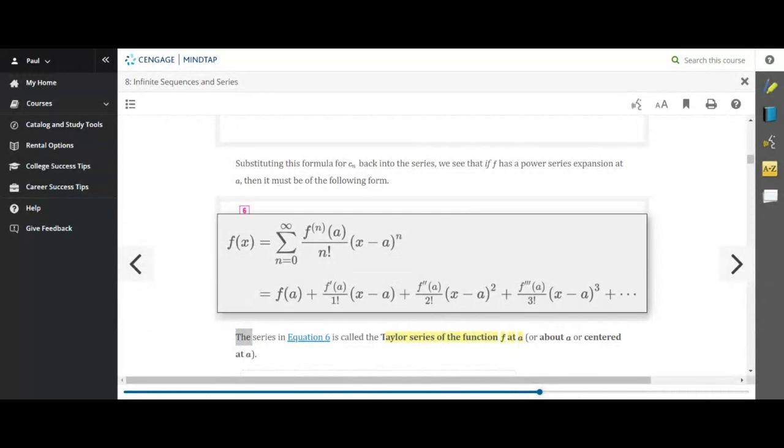This is the general Taylor series formula. When a equals 0, you get the Maclaurin series formula. But this is the general Taylor series formula. And because a equals 9, not 0, we have to use that formula. So all I'm doing is plugging in my derivative values and a equals 9 into the formula. And then that's going to get me what you saw.